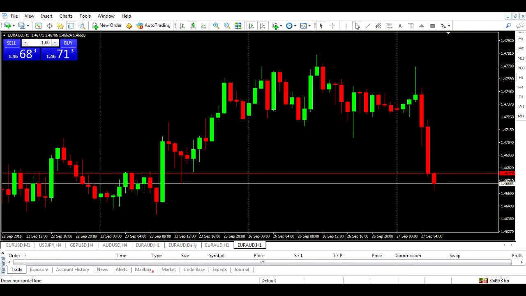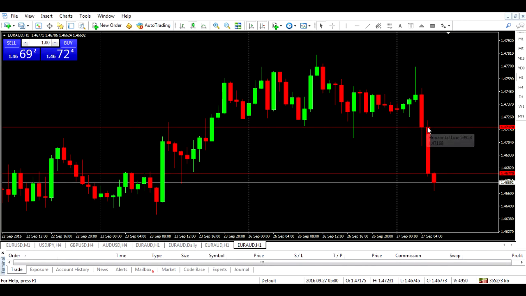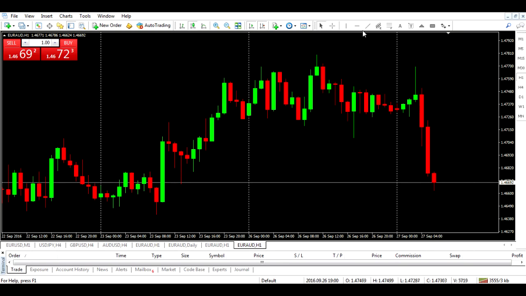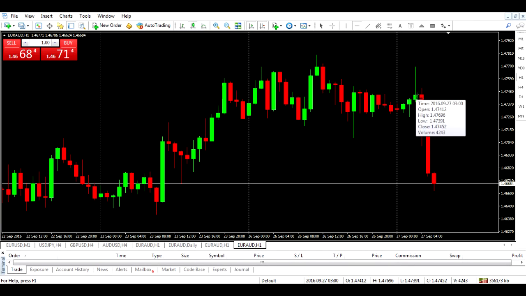But let's go to the other candle. This is the opening of the previous candle, and that was the closing. So let's go to the other candle. This is a bullish candle and this is a bearish candle. So price went up and went back down and then closed here.